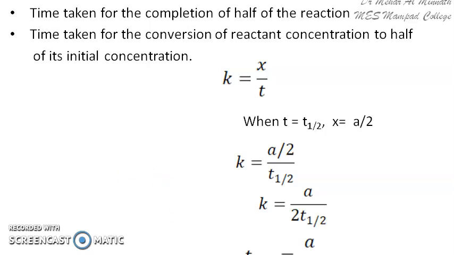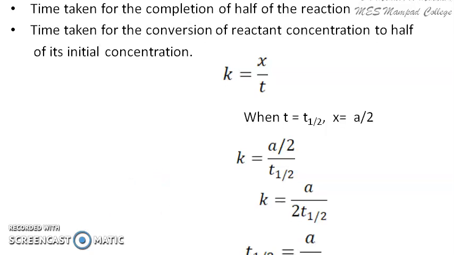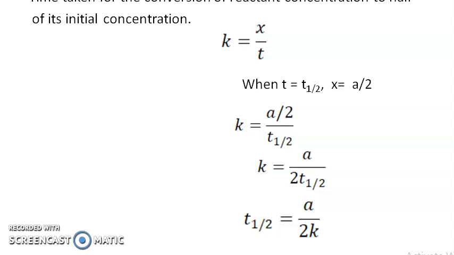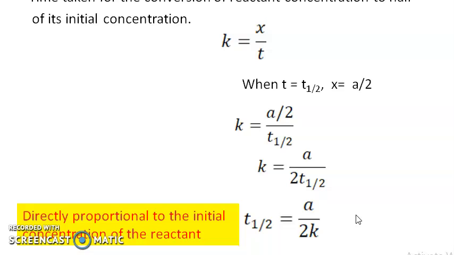T half is equal to a by 2k. So for the zero order reaction, the half-life period of the reaction is directly proportional to the initial concentration of the reactant, and it is equal to a by 2k.